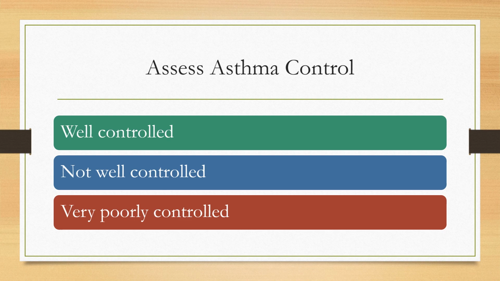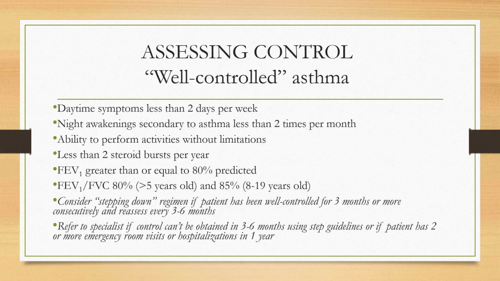So let me give you a little bit more detail. I want to reiterate what is well controlled asthma. Well controlled asthma is that you have daytime symptoms less than 2 times a week. Your nighttime awakenings are less than 2 times a month. You could perform all kinds of physical activities, play a little soccer, play a little baseball, run, whatever you want to do, you can do.